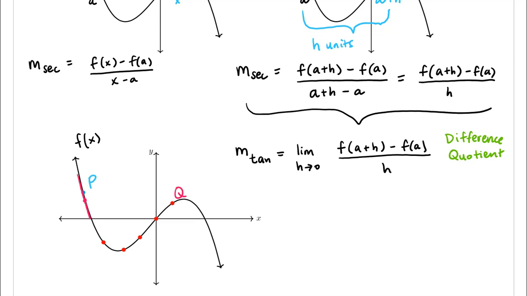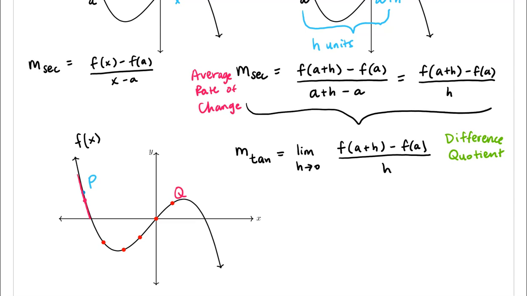And previously, we've also learned that the slope of the secant line, we've referred to that as the average rate of change. And if we're talking about position and movement, we can also think about it as the average velocity.